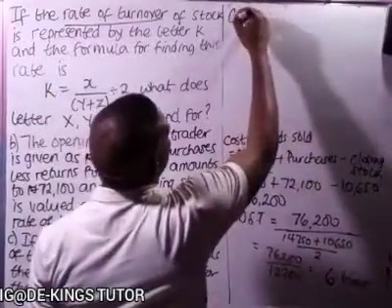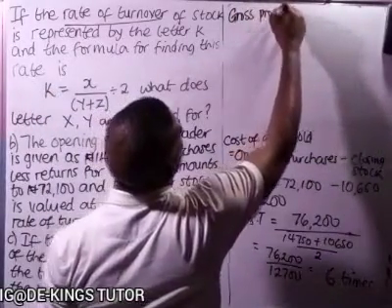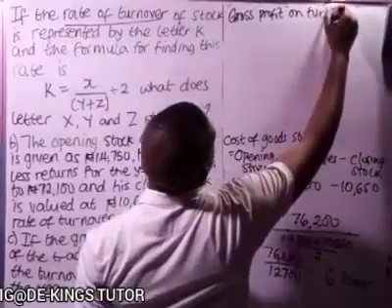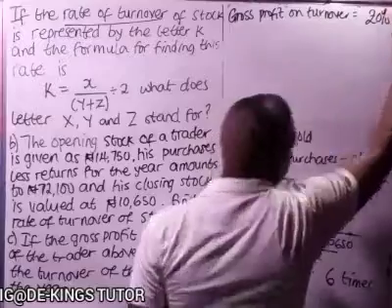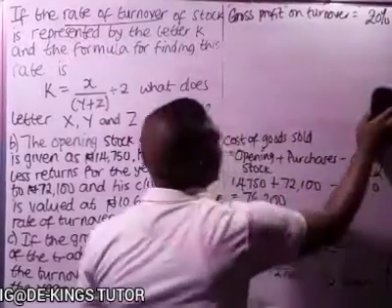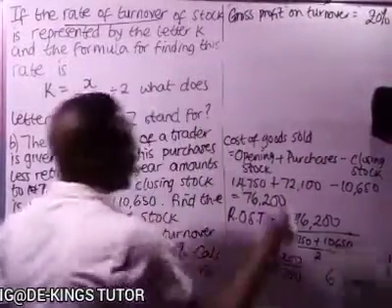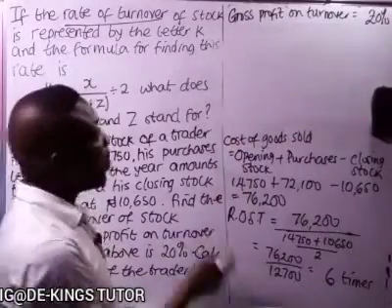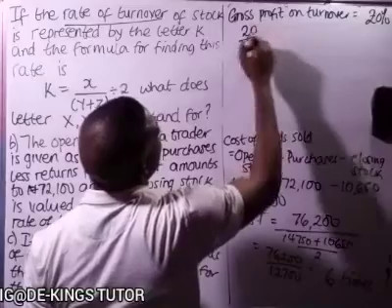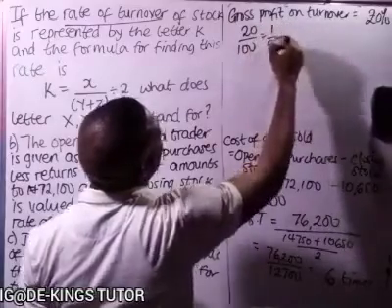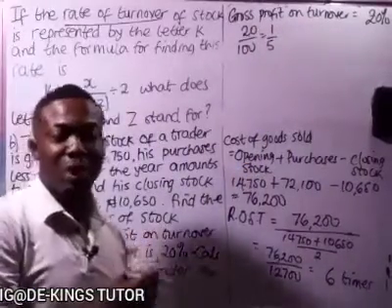So they said the gross profit on turnover is 20%. So it is gross profit on sales, but we don't have sales. Let's convert this 20%. That's 20 over 100, which is 1/5. We did converting margin to markup.